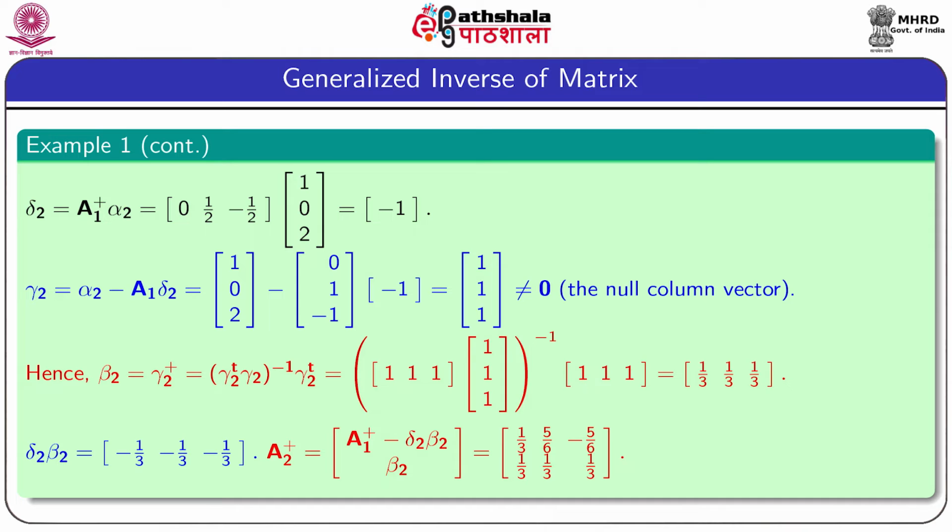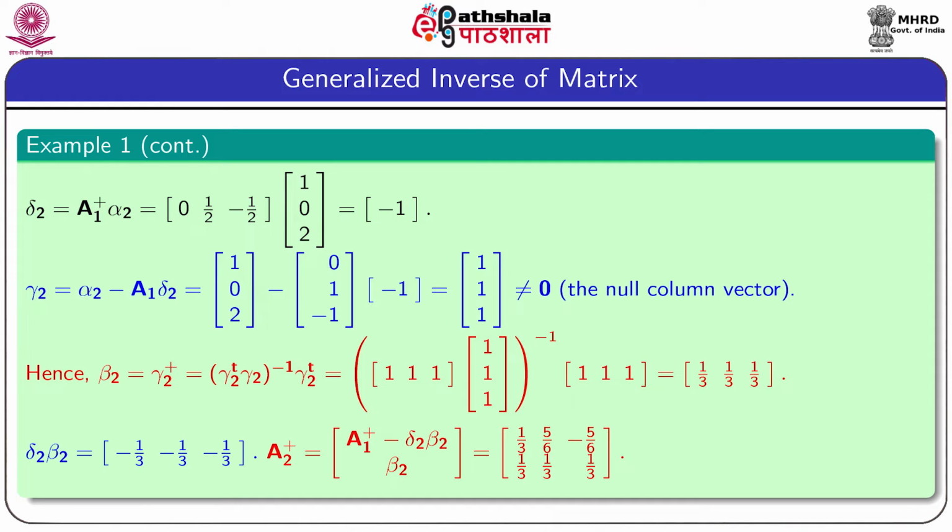Gamma 2 plus is the Moore-Penrose inverse of the vector gamma 2, which is equal to the conventional inverse of gamma 2 transpose gamma 2 into gamma 2 transpose. After simplification, beta 2 becomes a row vector equal to 1/3, 1/3 and 1/3. Now delta 2 beta 2 is minus 1/3, minus 1/3 and minus 1/3. This is a row vector.